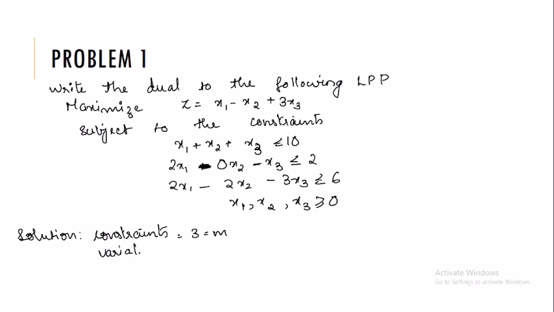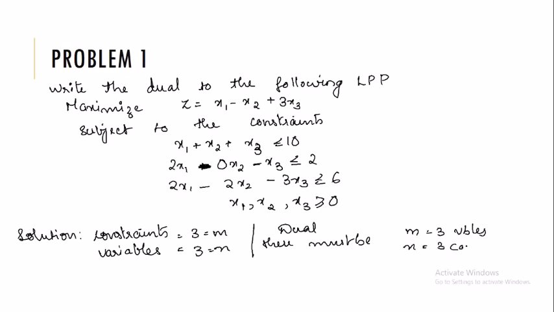Variables, that is also 3, and I'm denoting it by N. Thus in the dual there must be M equal to 3 variables and N equal to 3 constraints. So this thing you should be clear.